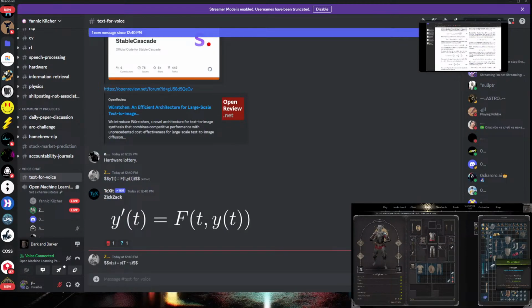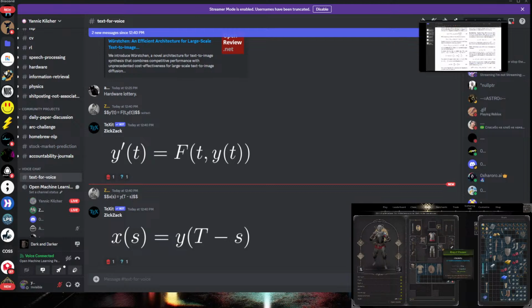Notice, this is not an actual ODE, this is quite literally just the actual function. We don't have access to the actual y, but we can now differentiate both sides, and we get x'(s).